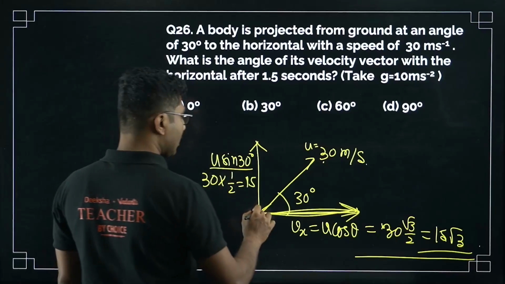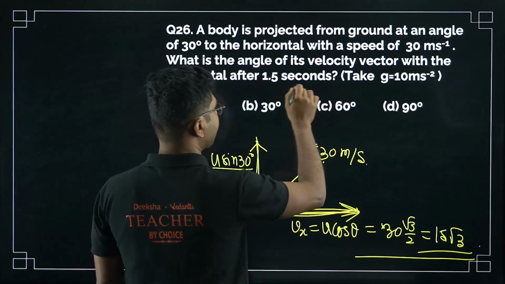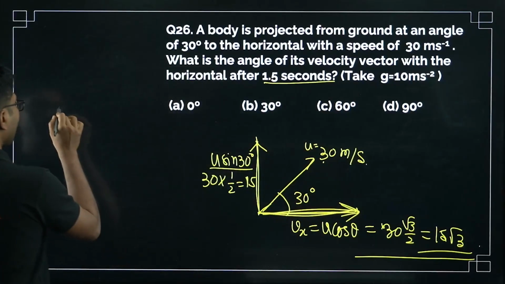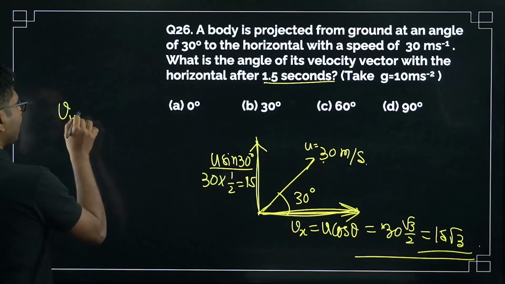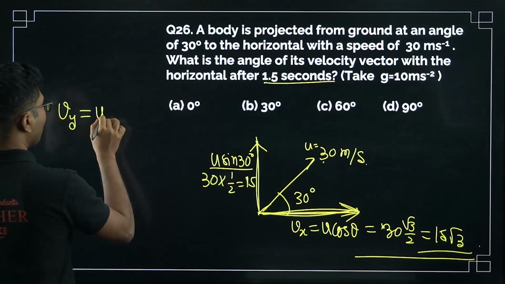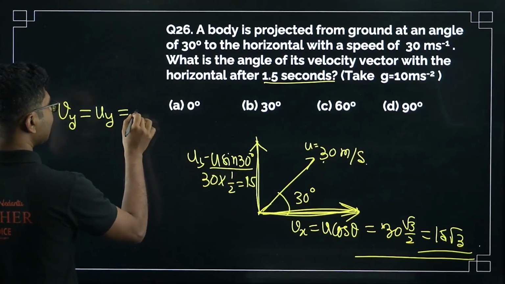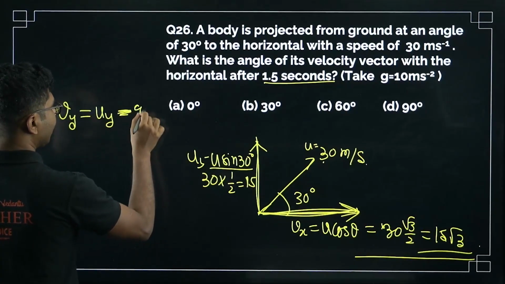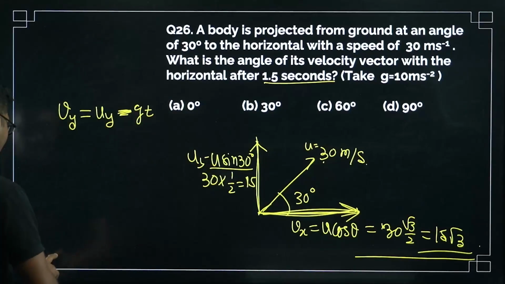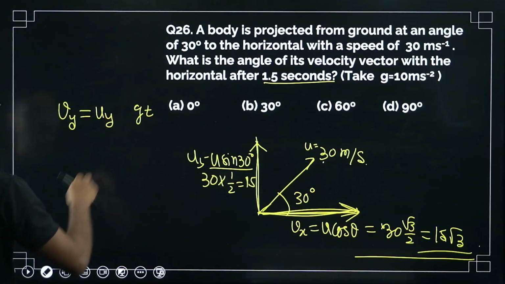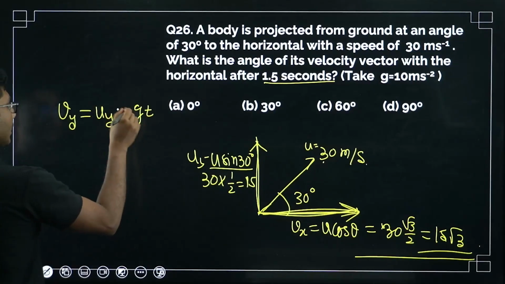So what is the y component after 1.5 second? vy equals uy minus gt, right? Gravitational acceleration is only acting along the y direction, not along the x direction. So that's why uy minus gt.